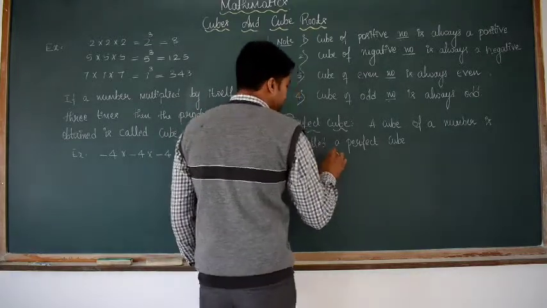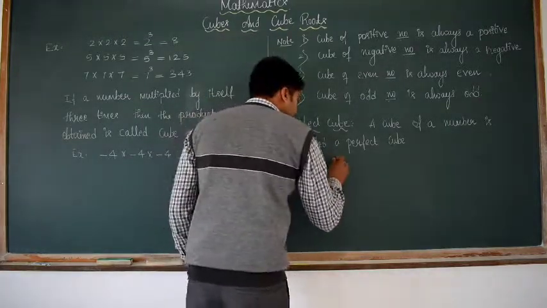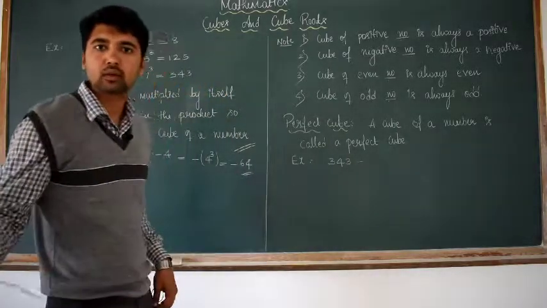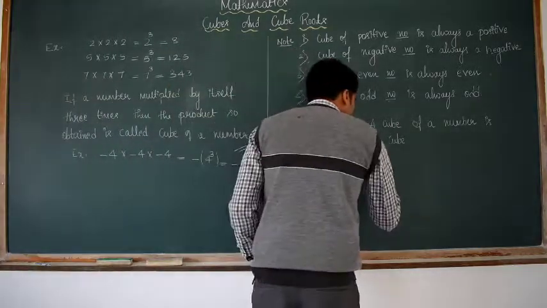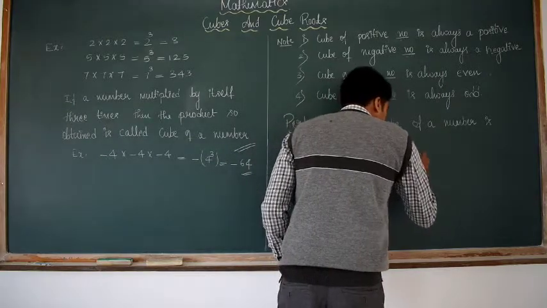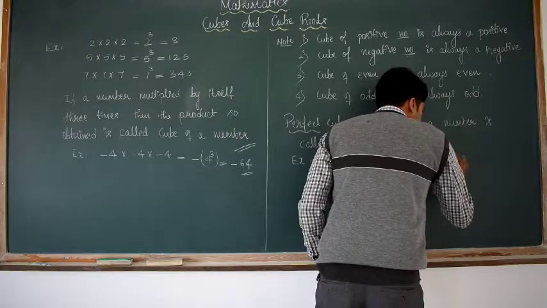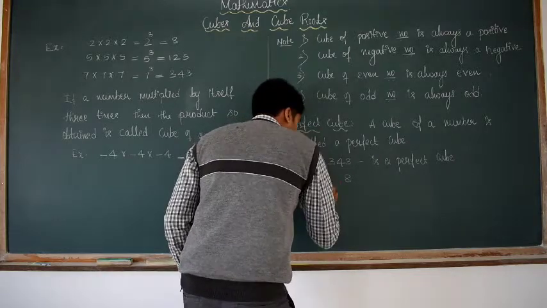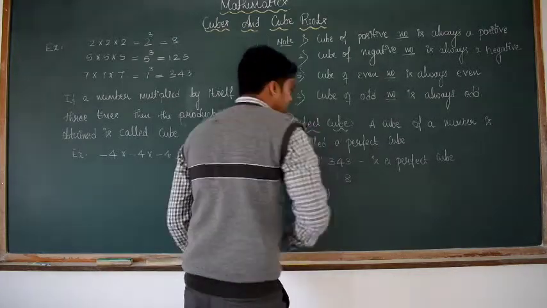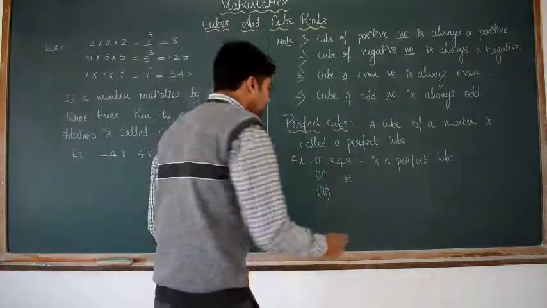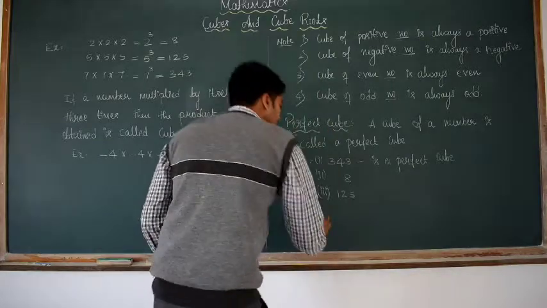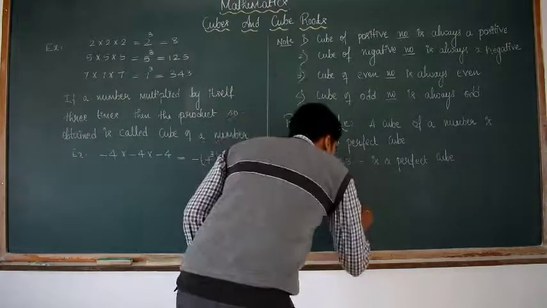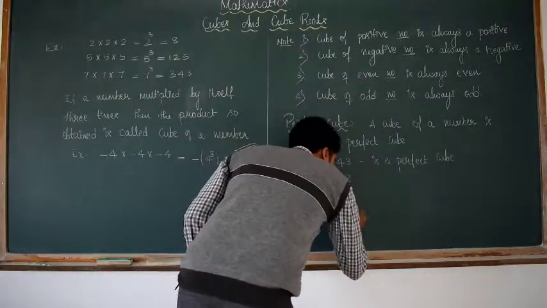For example, here I have taken 343. Okay, 343 is a perfect cube. Then 8, then 125, then you can take 64.